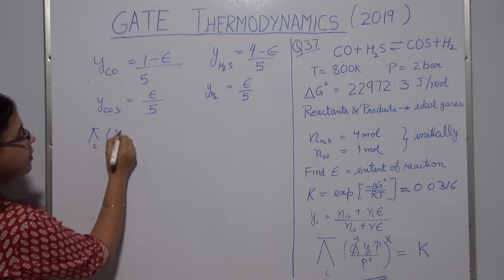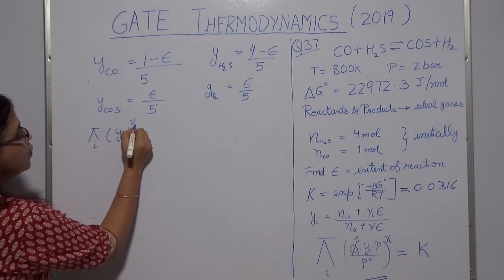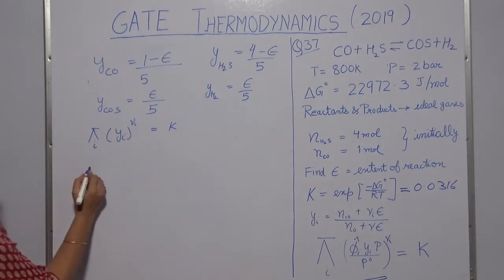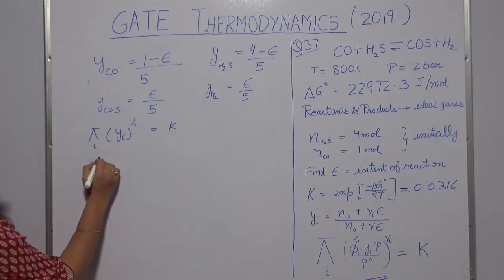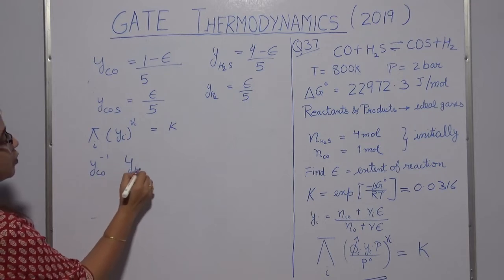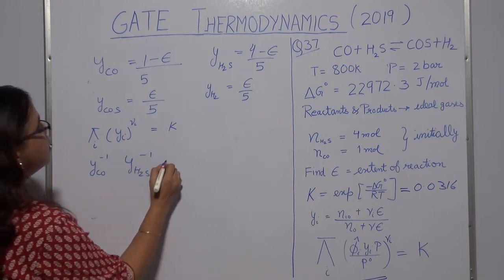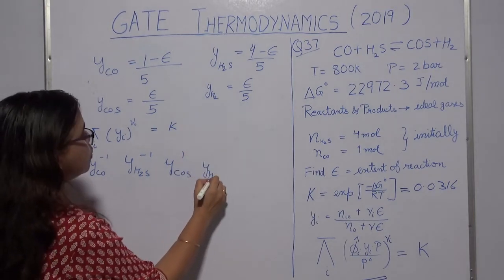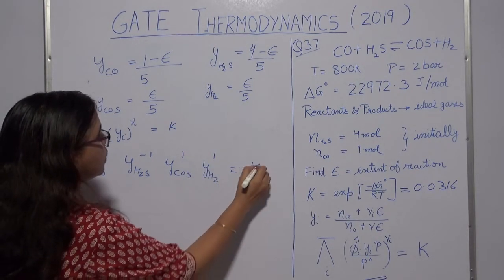The product of all yi raised to nu i is equal to k. So first of all we have yCO raised to -1, yH2S raised to -1, yCOS raised to 1, yH2 raised to 1, that is equal to k.